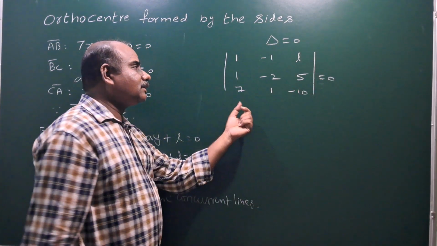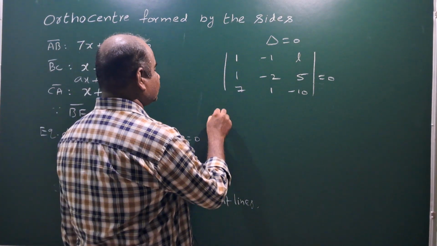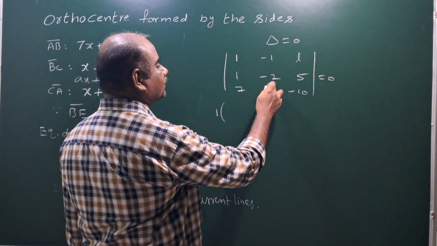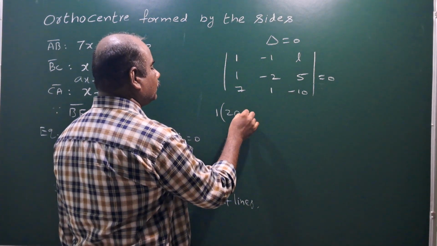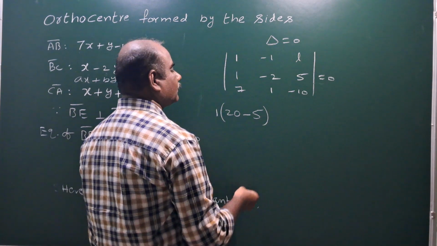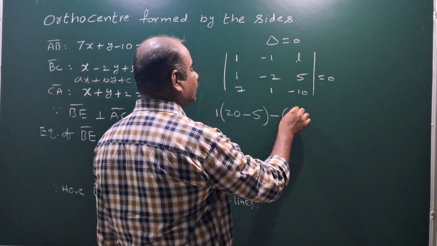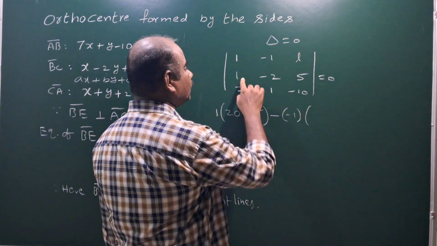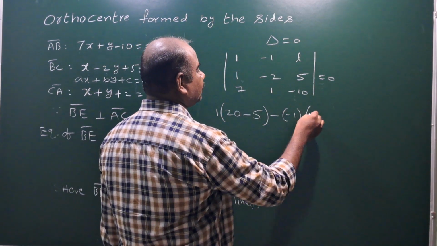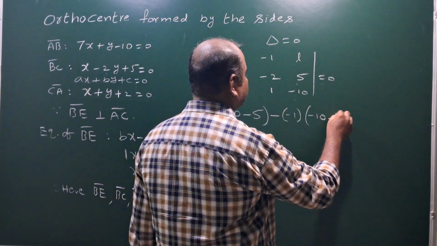So expanding this determinant along the first row we get: 1 into these four elements, minus 2 into minus 10 is 20, minus 5, that is 15. Next, the second element is minus 1 into these four elements: 1 into minus 10 minus 5 into 7, that is minus 35.